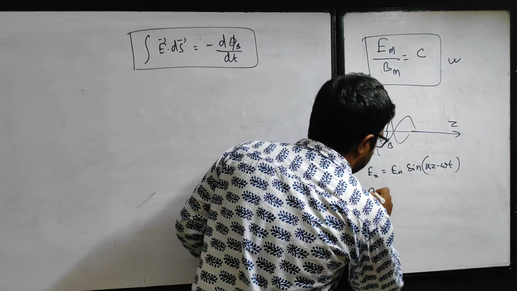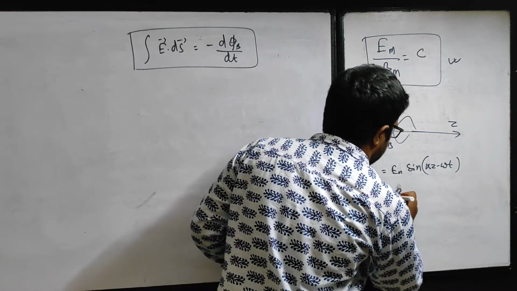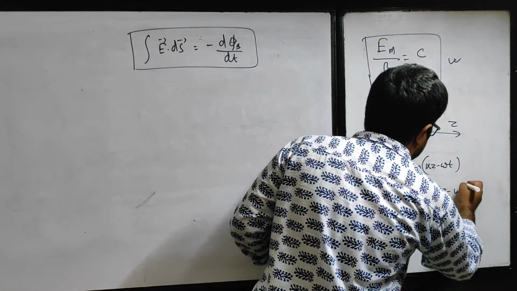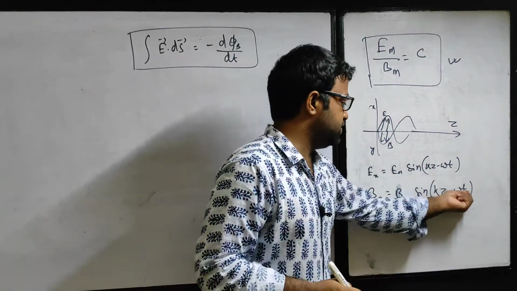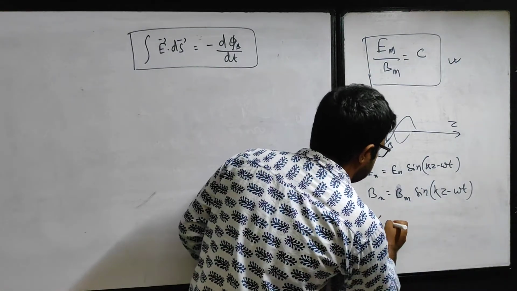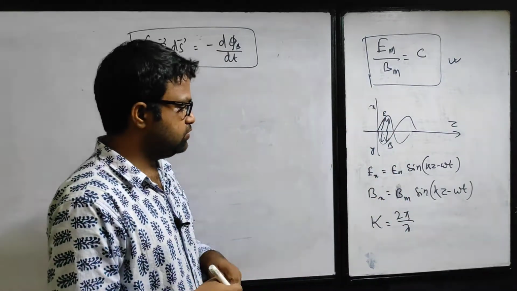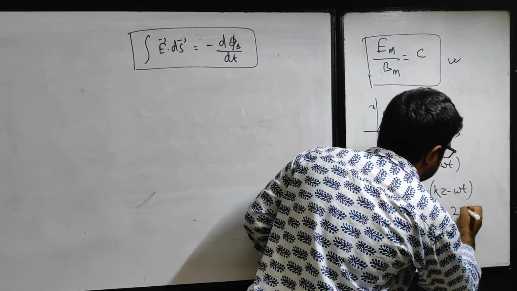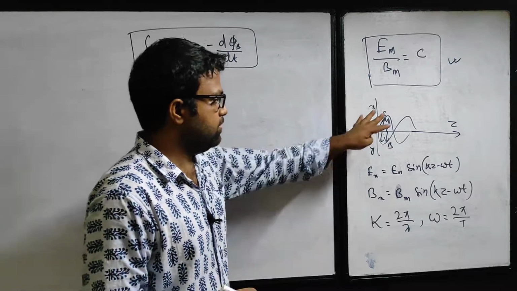Bx I'll also write in a similar way, Bm sin(kz minus omega t). This is the waveform, propagating in the z direction, where k equals 2 pi by lambda and omega equals 2 pi by the time period. These things we know, right?